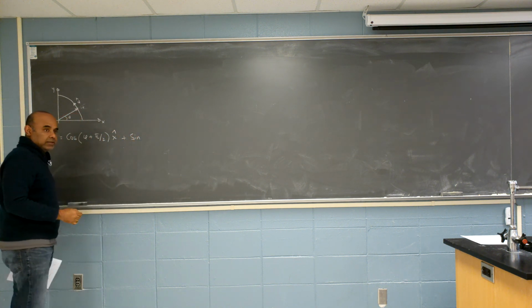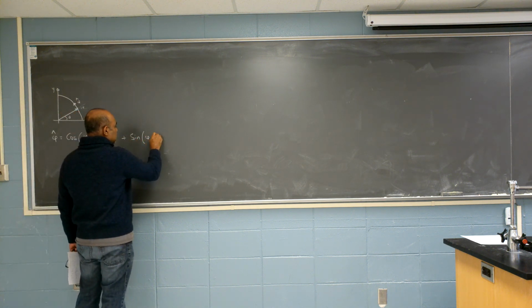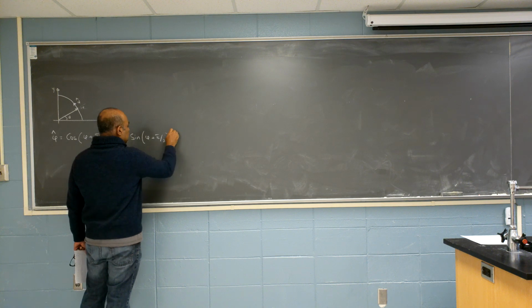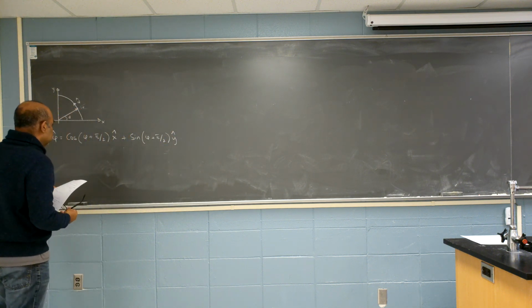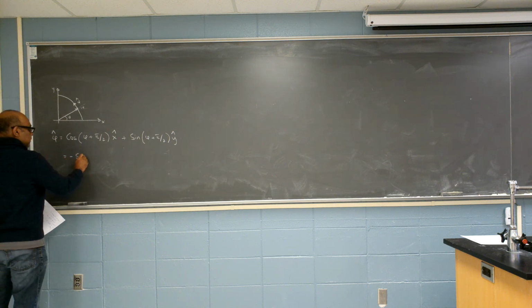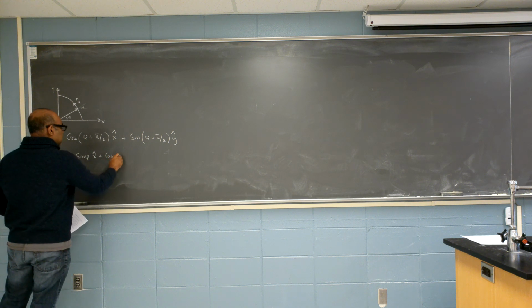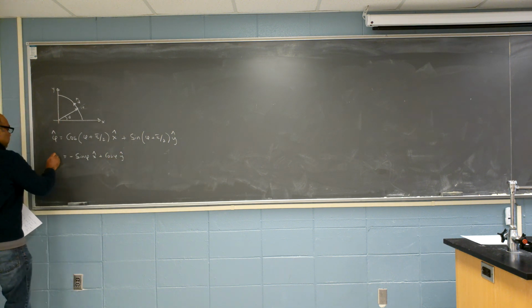It's always cosine and sine. The question is, what's the angle? It is phi plus pi over 2 in the y hat direction. Okay, well, this is minus sine phi x hat plus cosine phi y hat. Again, you've known this all along.